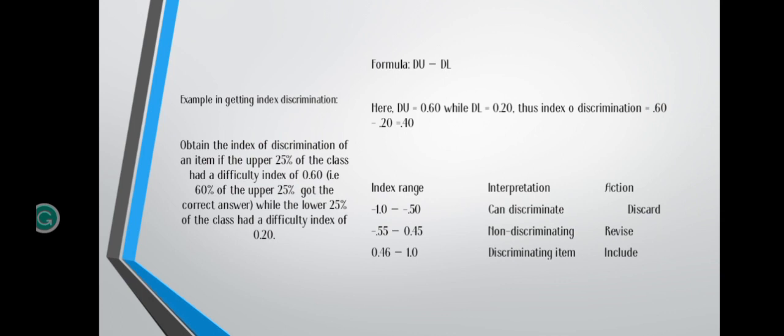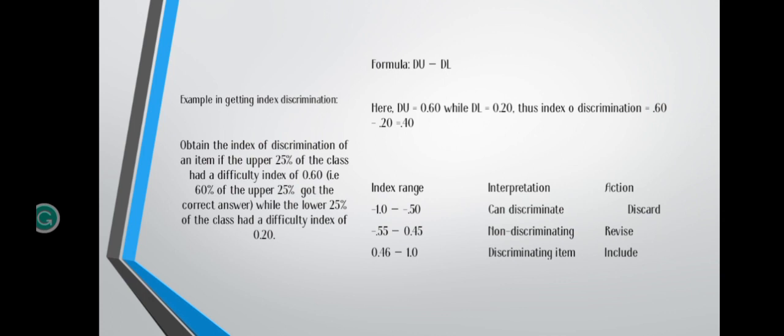So ibig sabihin, may discrimination na nagaganap. So magkakaroon tayo ng elimination of items. Kahit pa ang index discrimination is tama, index discriminates correctly between the two groups, but the item itself is highly questionable. Hindi naman questionable yung mga estudyanteng nakakuha ng tamang sagot. Ang questionable doon is yung item.